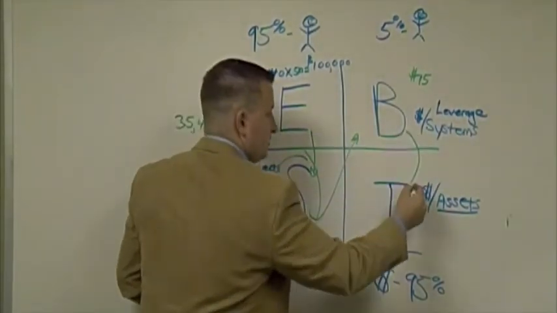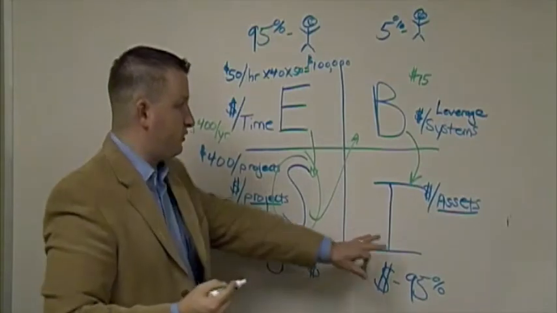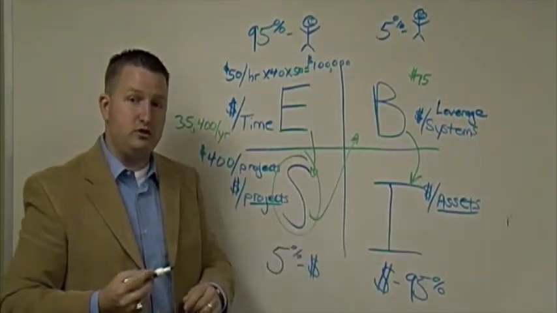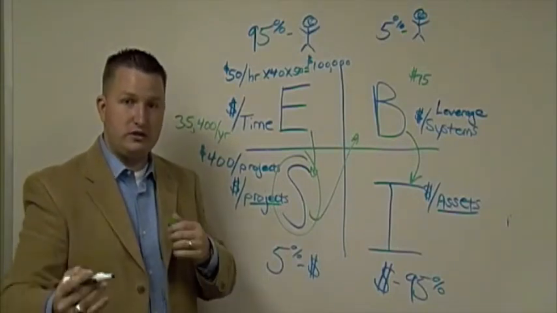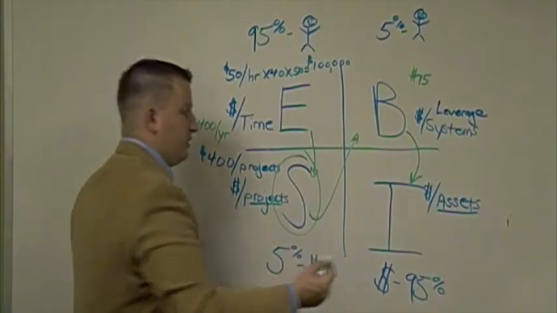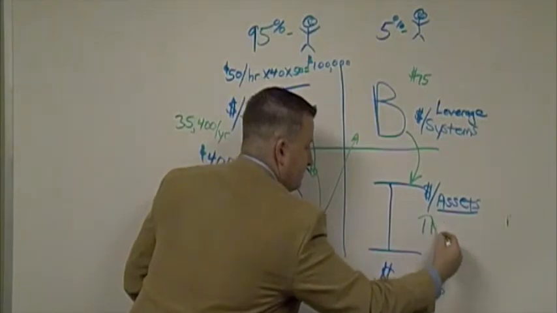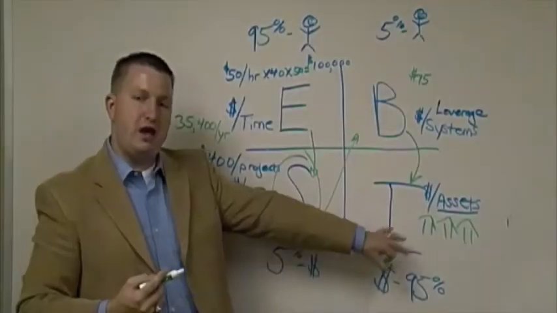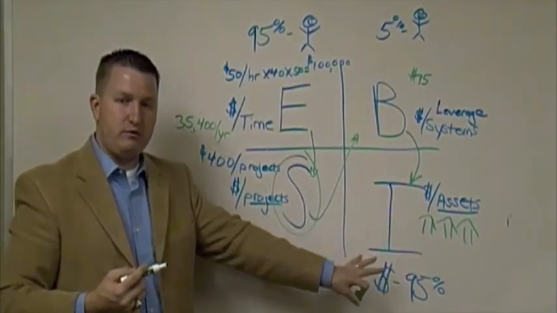Now, let's move to the most sophisticated level of the quadrant, which is where we get paid on our assets. Now, what I've been able to do through business ownership and real estate investing and getting educated is I've been able to purchase and maintain over 35 rental properties. Those assets pay me on a monthly basis.